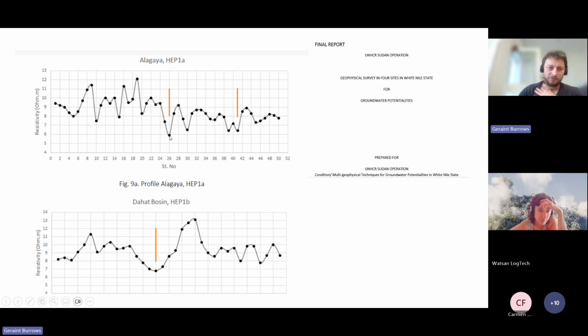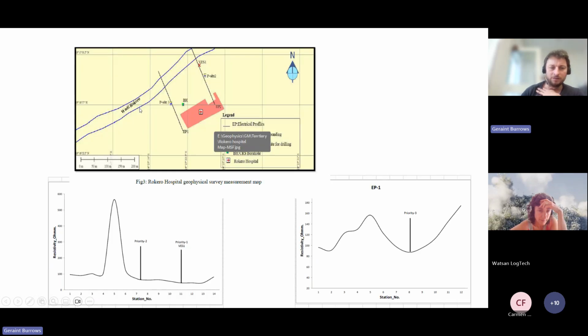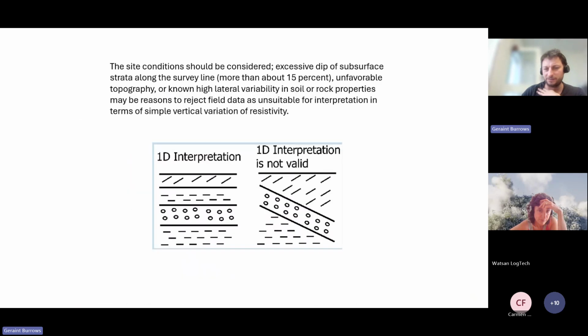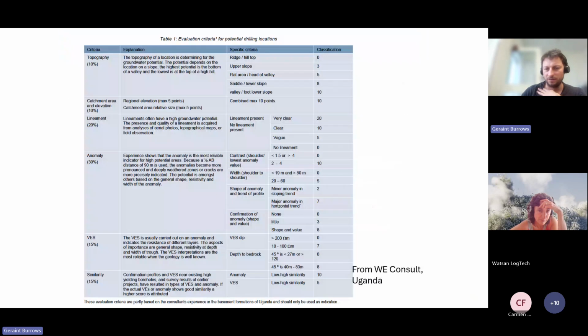So in this particular case, it's reading a resistivity of 6 ohms per meter here compared to a background of about 10. So that's almost getting to be about twice a contrast, which is therefore reaching into this scoring system. But if it was less of a contrast, then you wouldn't be so interested in it.